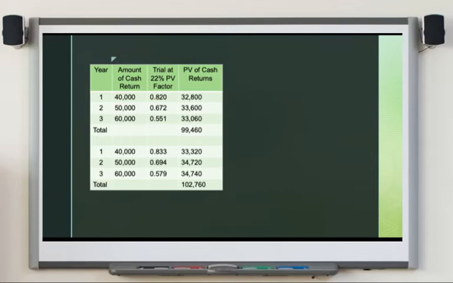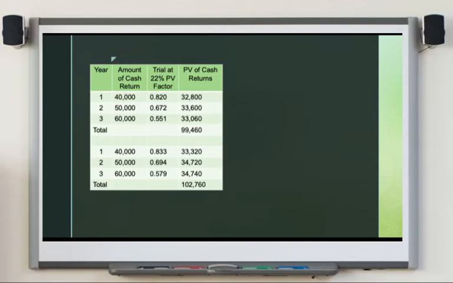Therefore, we will be using 20% as a trial percentage as well. So using 0.20, you will arrive at 102,760. Okay, so simply follow the present value factor on each year under 22% and under 20%.